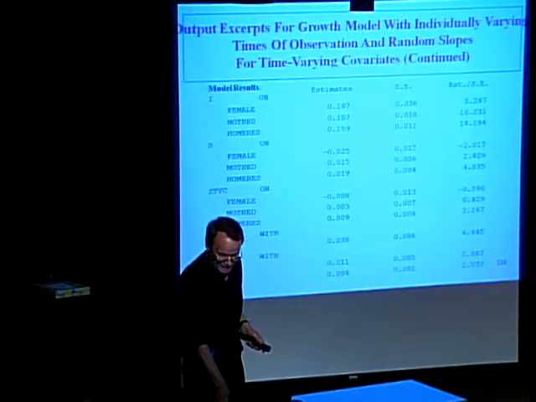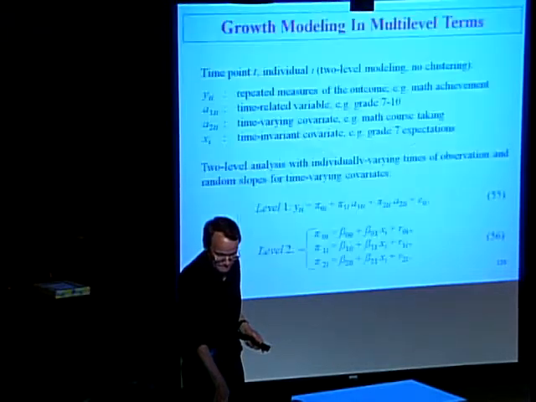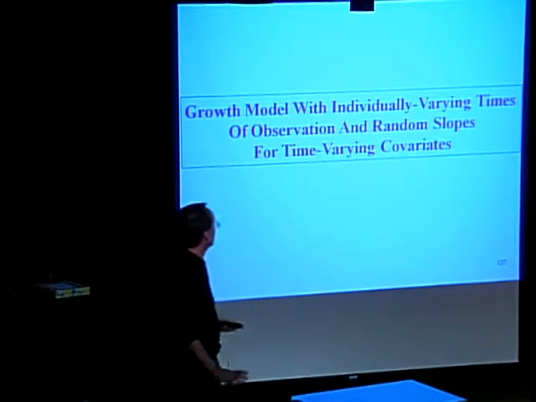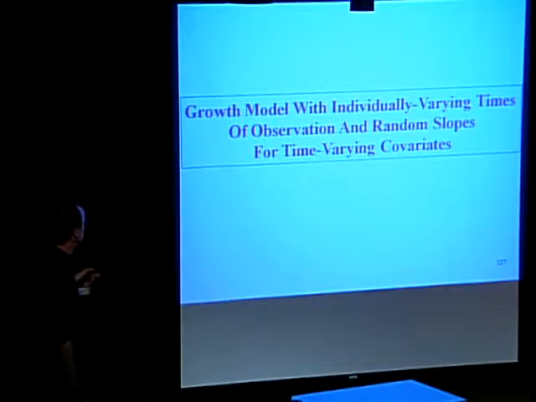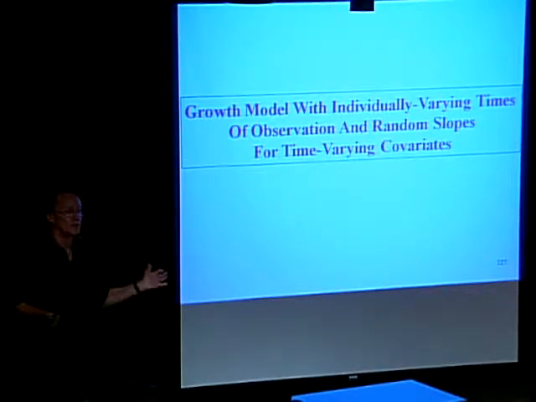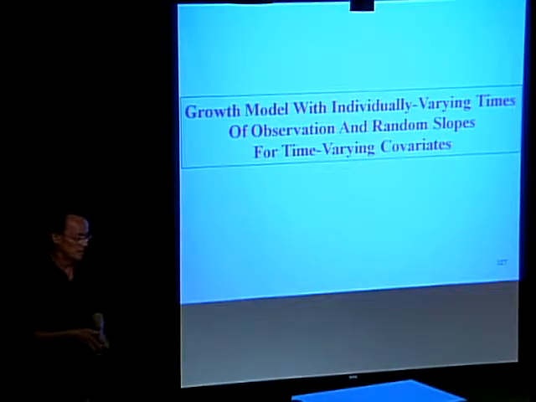So again, going back to slide 127, we illustrated two things at the same time: random slopes for time-varying covariates and individually varying times of observation. They don't have anything to do with each other, but we just wanted to put it into one example.